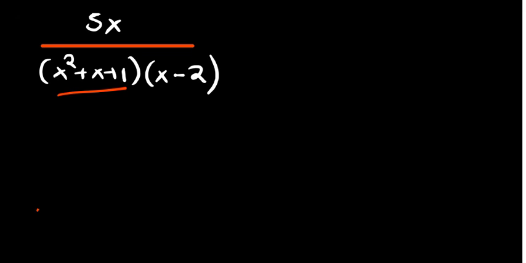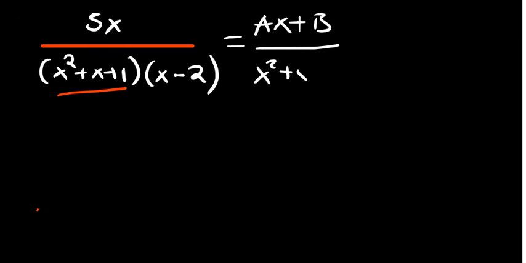So the other way that you can show it is just by saying this is equal to an expression which can be ax plus b, divided by x squared plus x plus 1, plus the other component, which is going to be c over x minus 2.